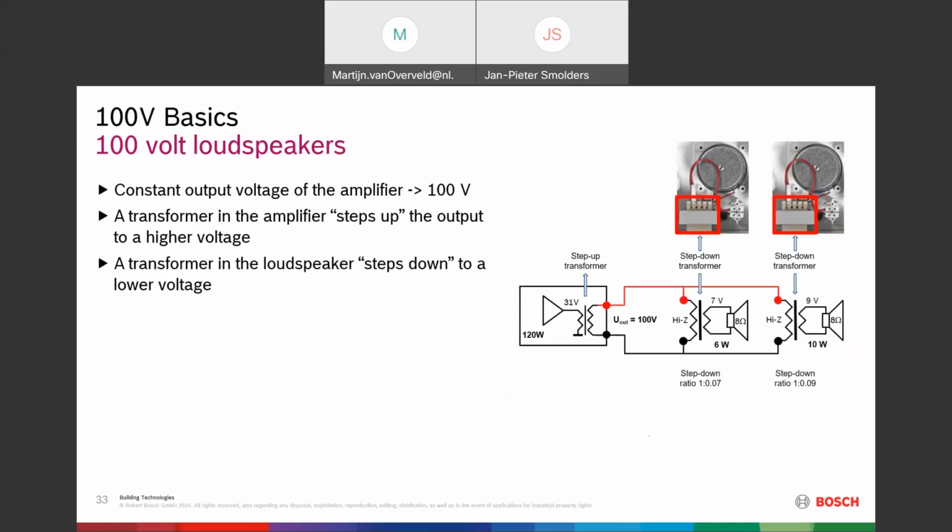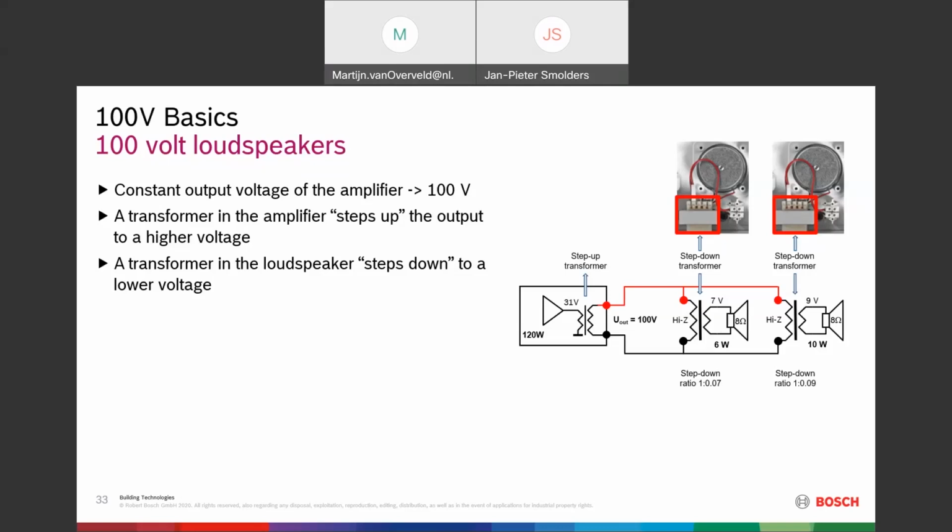And what does that mean for the amplifier, for the loudspeakers? In order to be able to use the same loudspeakers, so the same low impedance loudspeakers, we also need a step-down transformer in that loudspeaker, like you see on the picture here. Depending on the power the individual loudspeaker can handle, there's a certain step-down ratio.